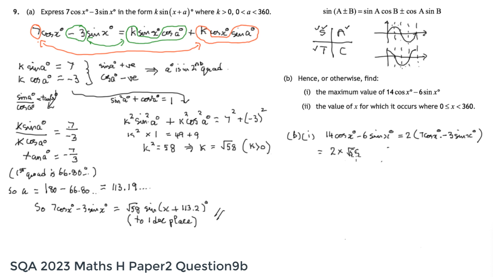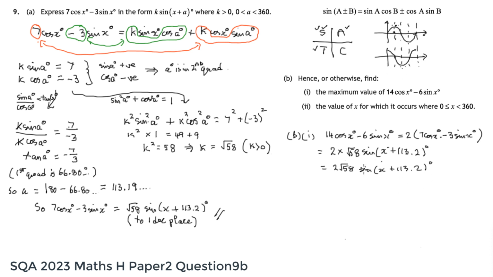That's root 58 sine x plus 113.2 degrees. And now that's twice root 58 sine x plus 113.2. And we're asked for the maximum value of this. Now, if it was a plain sine of an angle, you know that the maximum of a sine comes up to 1. That's when that angle is 90.